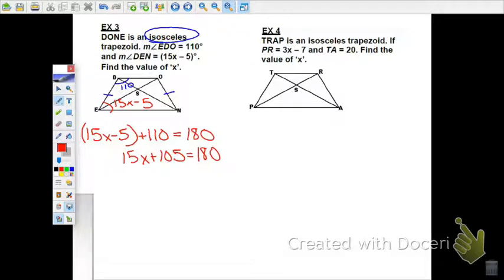So I'll subtract 105. 15x is equal to 75. Then I'll divide by 15 and find that x is equal to 5. And again, if you wanted to plug it back in, you could to check your work.